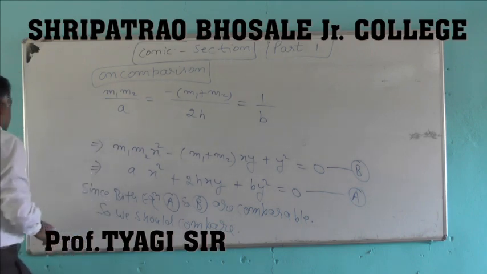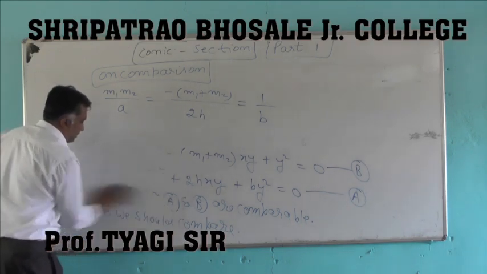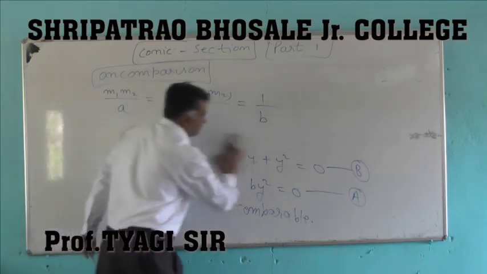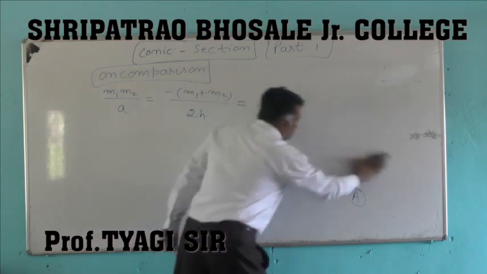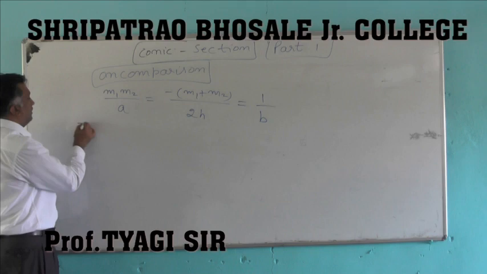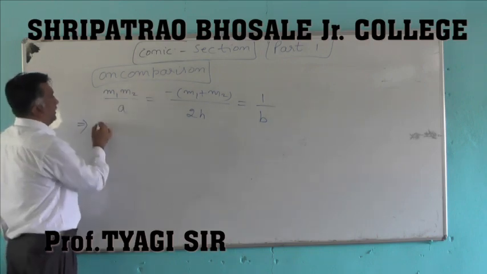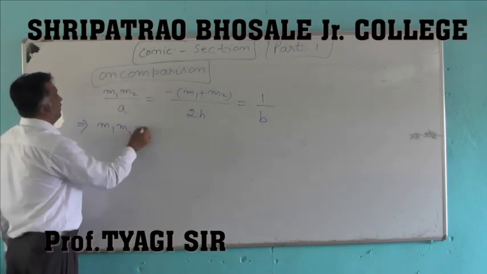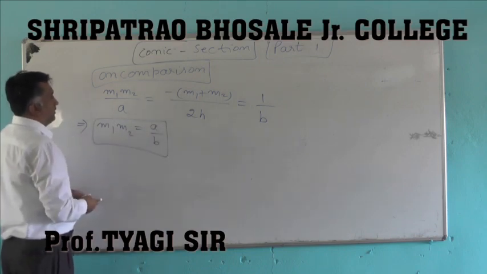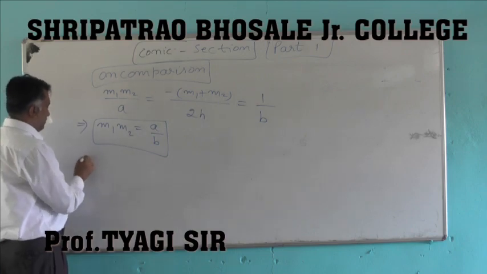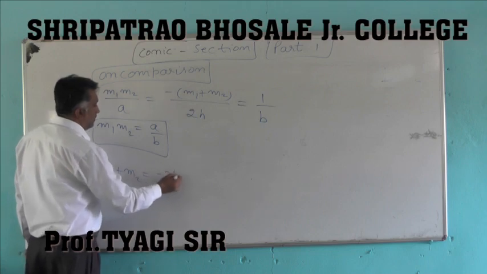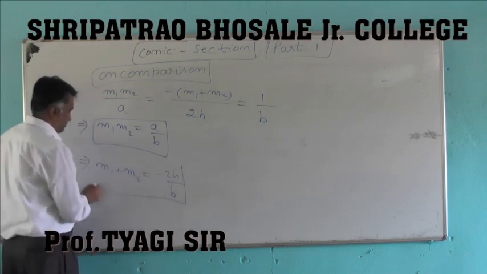After final comparison, it means m1 m2 equal to a upon b, and m1 plus m2 equal to minus 2h upon b.